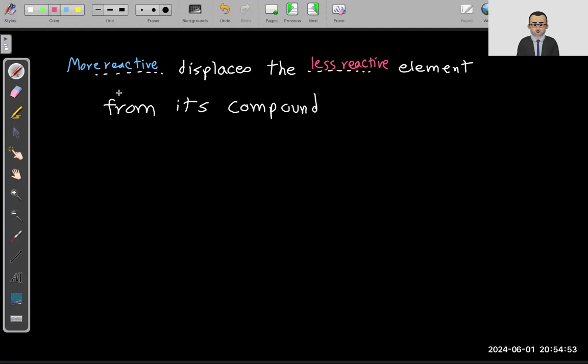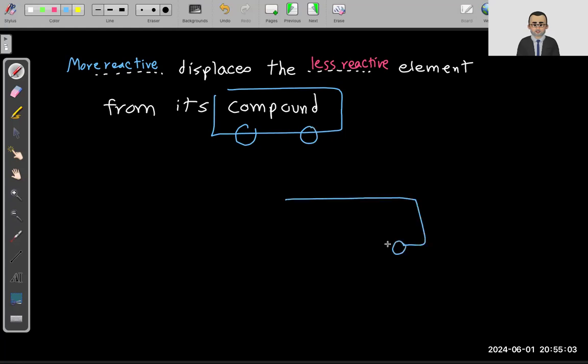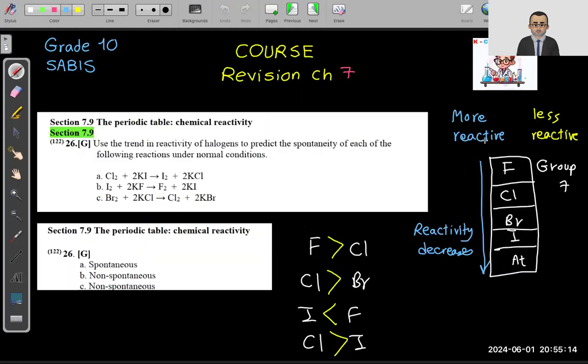So usually the one which is not inside the compound displaces the one which is inside. So let's imagine the compound as a car. It contains the less reactive element. So this is iodine sitting with the sodium. What is the sodium in the reaction? It's just sitting here. It doesn't do anything. The fight is usually between the elements of which group? Group 7.